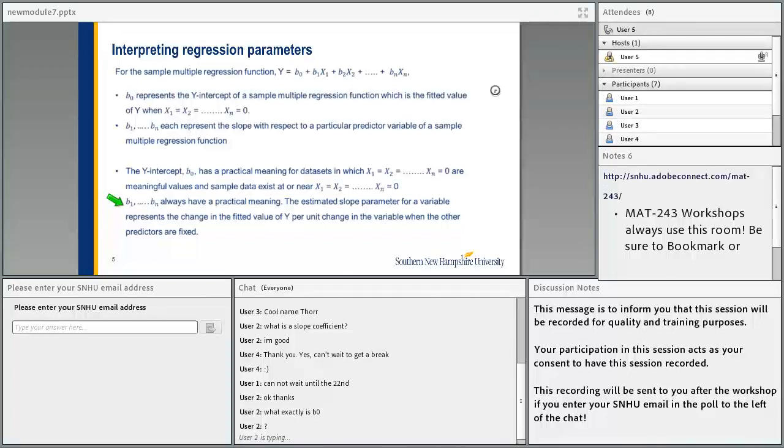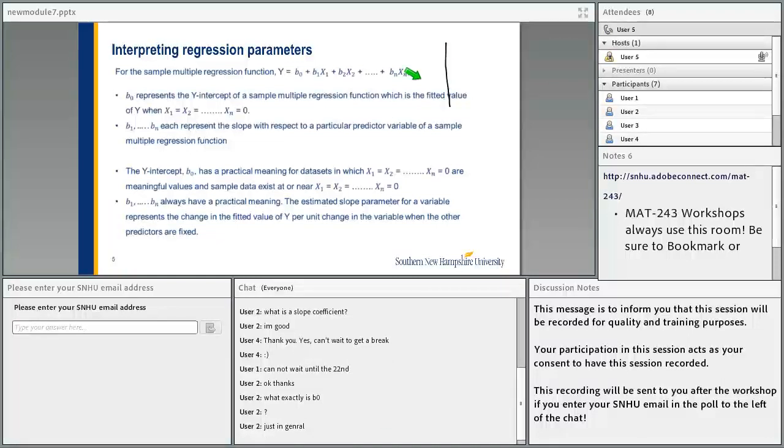B0 is the y-intercept. If I try to draw it, are you looking for what B0 is in the graph? So if I have my graph like this, and let's say my regression line is something like this.